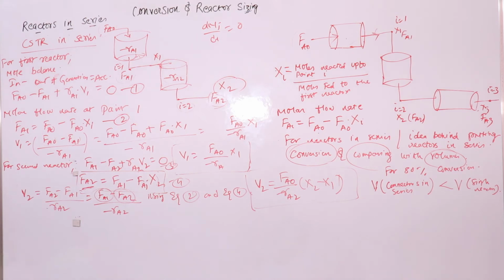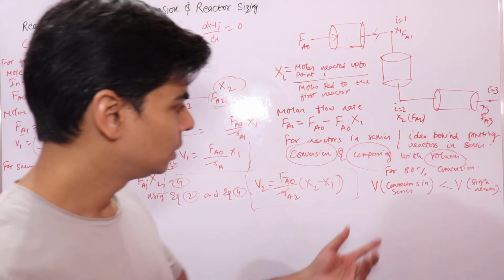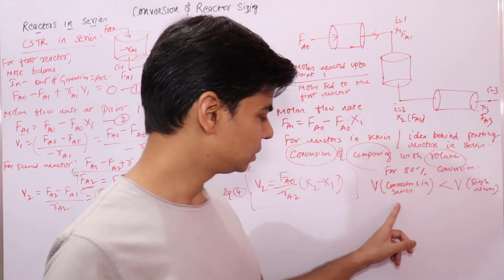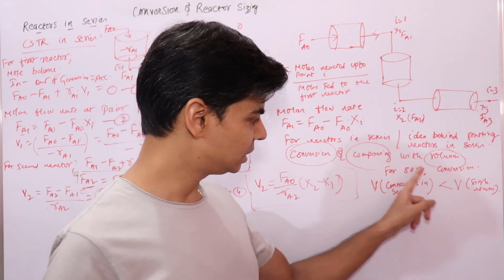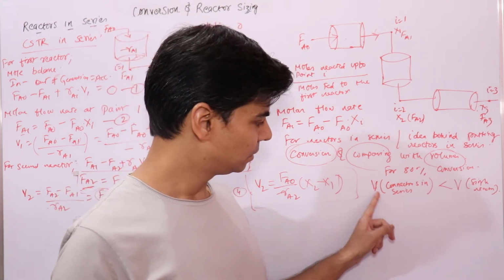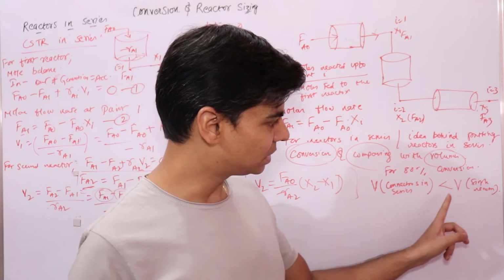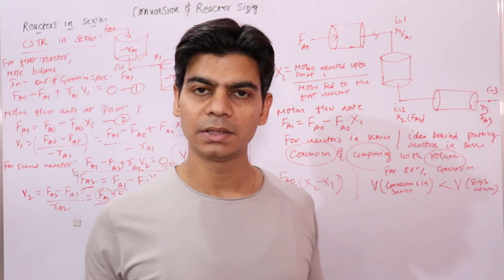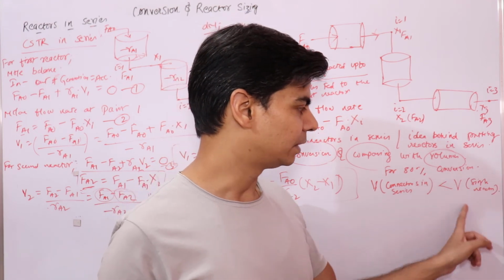And from here we now know that the sum of the two CSTR reactor volumes is less than the volume of one CSTR reactor, right? So the volume of CSTR reactors in series, like I mentioned here, is less than the volume of the single reactor taken, right?